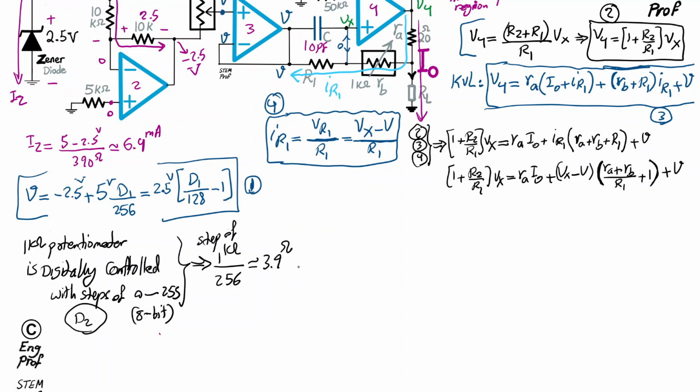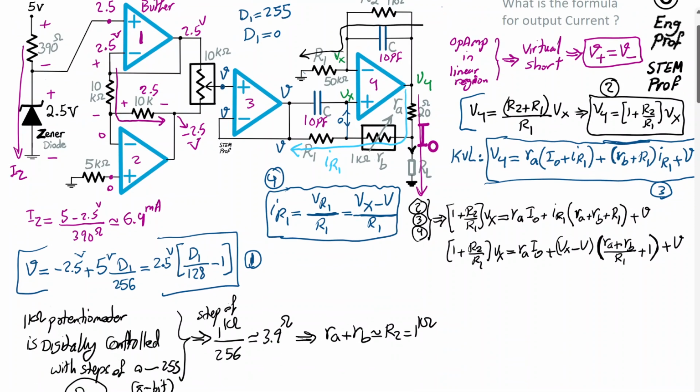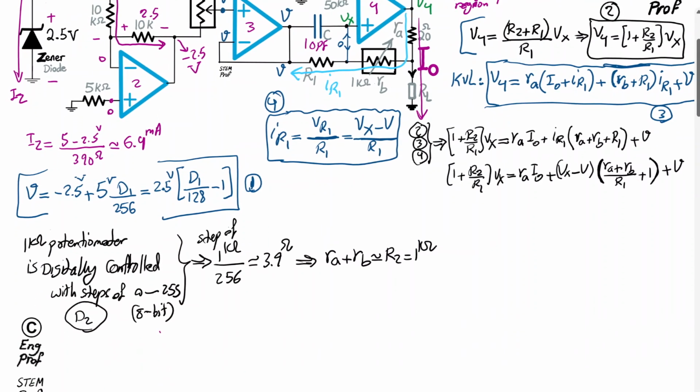So the benefit of that is I can set accurately RA plus RB equal to roughly R2, equal to 1 kilo ohm. And R2 is this resistor, 1 kilo ohm. In this example, if RA is 20 ohm, I can set RB accurately to 980. This one is 20 ohm here, a small resistor.